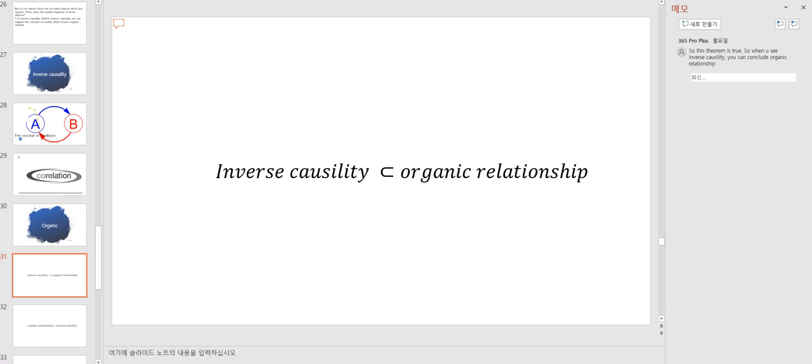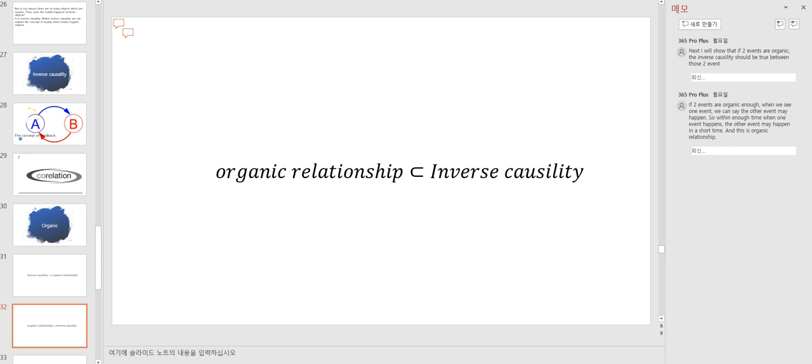So this theorem is true. When you see inverse causality, you can conclude an organic relationship. Next, I'll show that if two events are organic, the inverse causality should be true between those two events. If two events are organic enough, when we see one event, we can see that the other event may happen.